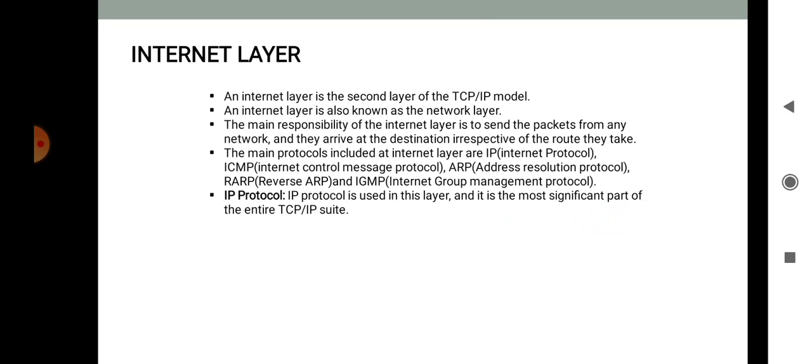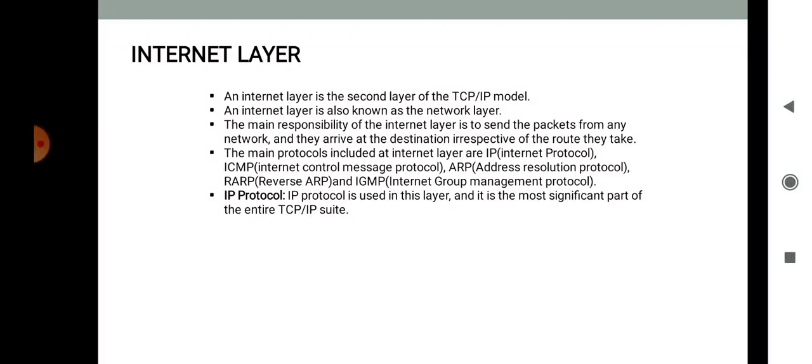The internet layer is also responsible for routing of IP datagrams. The main job of the internet layer is to allow hosts to insert packets into any network and have them delivered independently to the destination.